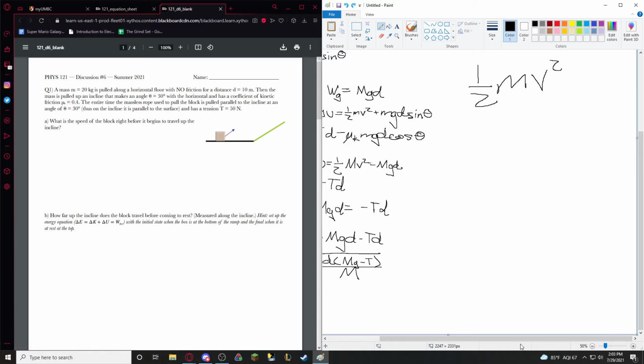The total non-conservative work would be T minus friction, but there's no friction, so it would just be the tension, which is pulled at an angle. So what's the work done by the tension?